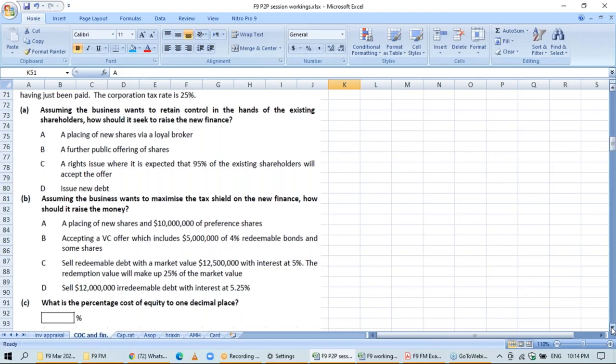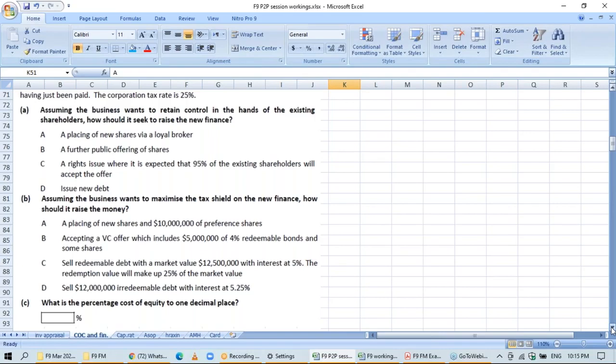Because dividends paid on share capital or equity shares are not deductible from taxable income. Dividend is not an expense, so you cannot deduct it, but you can deduct interest from the taxable income, and so you can save some taxes on that interest.